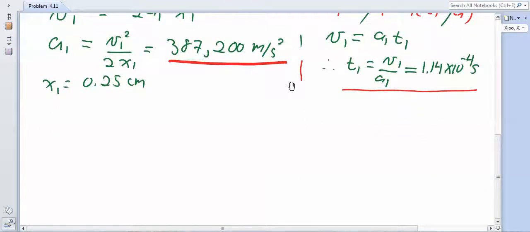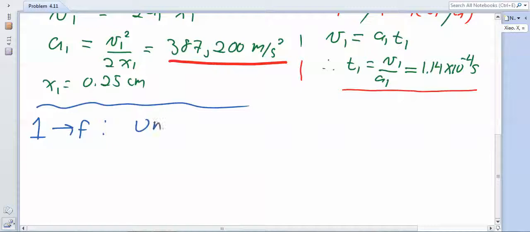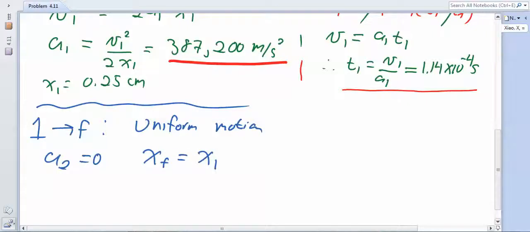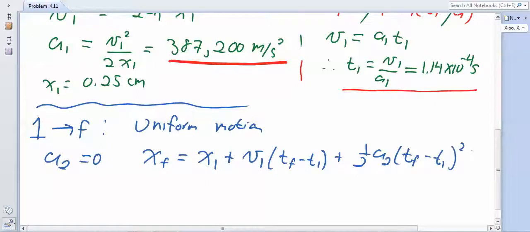So that's how long the accelerating part of this motion takes. All right, so moving on to the second part, where we would have point 1 going to the final point, that's going to be uniform motion. So the value of a2 is equal to 0. So really only the first kinematic equation would be helpful. So we would say that x final equals x1 plus v1 times t final minus t1 plus 1/2 a2 times t final minus t1 quantity squared.